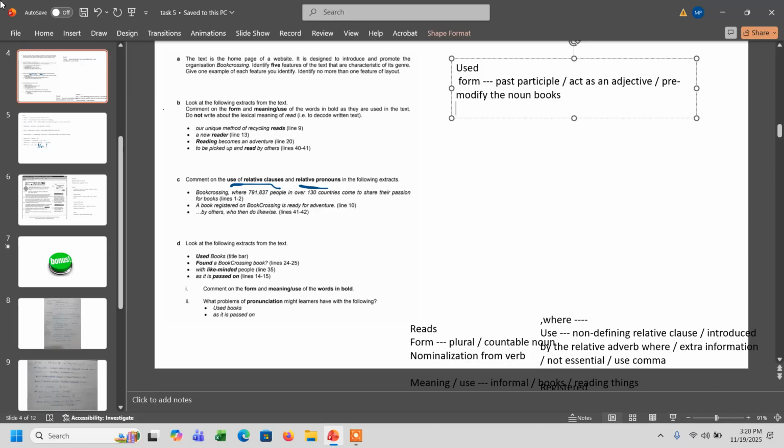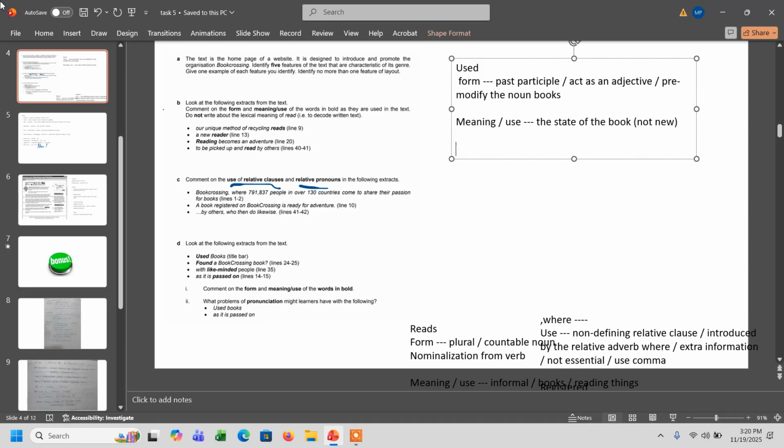How about meaning and use? So it is the state of the books, like not new, because this is used. Not new is enough, I guess. Not new, pre-owned, second-hand.